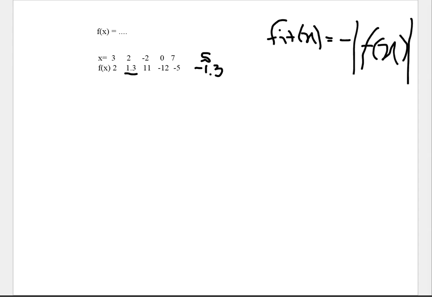So it is -2, it is -1.3, it is -11, the absolute value of negative 12 is 12, and the negative of that is -12.